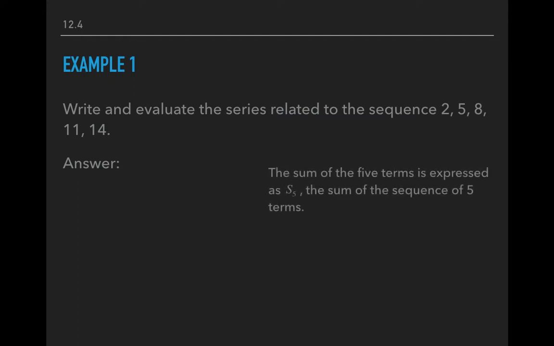We are going to be adding 5 terms, so we would write a large S for series, with a little subscript 5, and we would just be adding those together. It is really just that easy. If you added those up, you would have 40. The sum of those 5 terms, S sub 5, is 40.